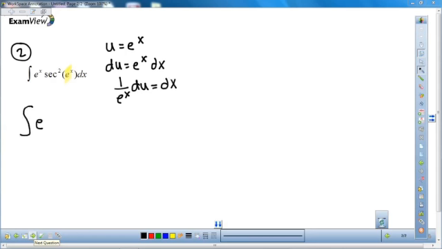So substituting everything back, and instead of writing dx, I'm going to have 1 over e to the x du. So notice my e to the x are going to cancel.